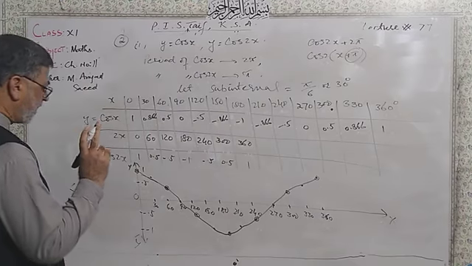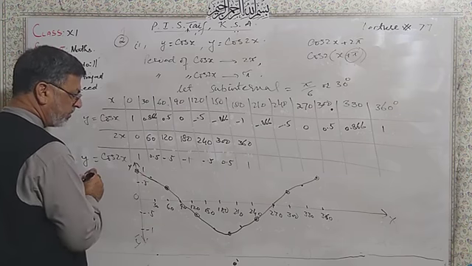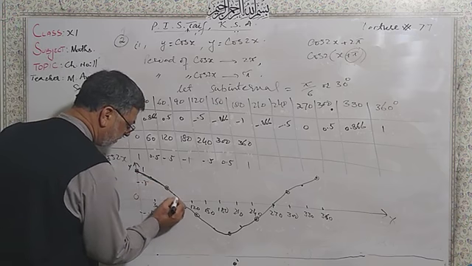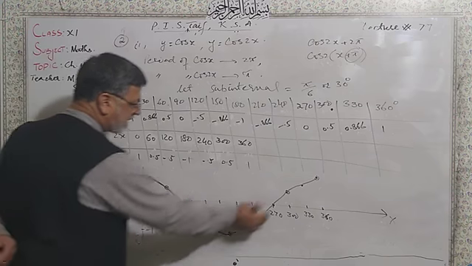Dear students, basically the graph will overlap, but the gap of the value will be 60.